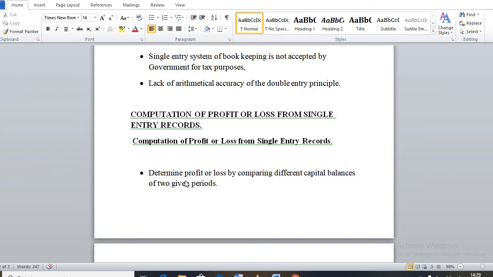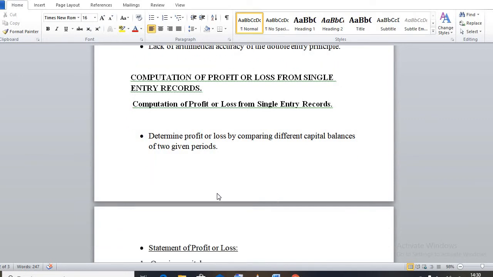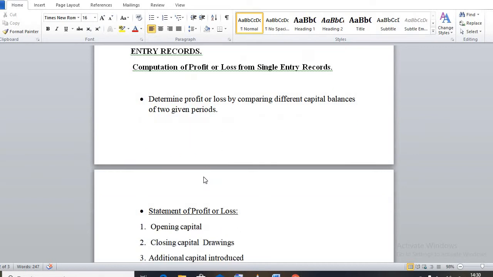So when you started the business, assuming you started with 10,000, and at the end of the period you've gotten 20,000, it means you've made a profit of 10,000. Because if you compare the beginning to that of the closing balance, it means you've made a profit. So one of the ways that we determine whether we've made a profit or loss is to compare the balances for the two.